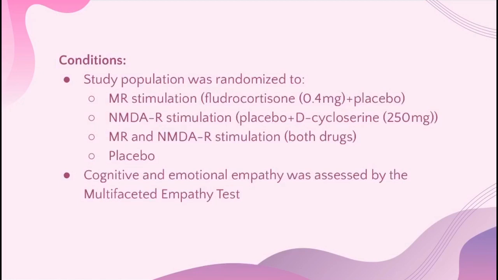NMDAR stimulation was given the placebo and D-cycloserine 250 milligrams. MR and NMDAR stimulation were given both drugs, and the placebo group was given only placebo. Cognitive and emotional empathy was assessed by the multifaceted empathy test.